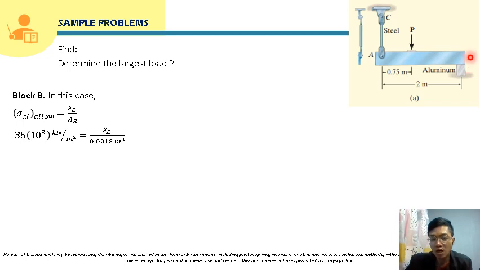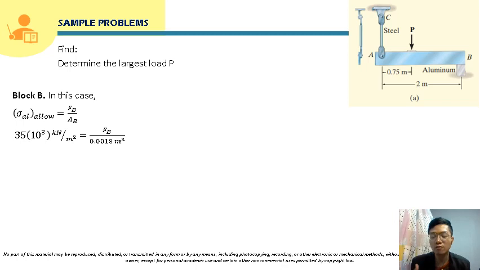If we solve for the internal loading using the equilibrium equation, that will just be equal to the FB that we computed. We are also going to use the area that is given. The cross-sectional area for the aluminum block at point B in the problem is 1,800 millimeter squared, right?